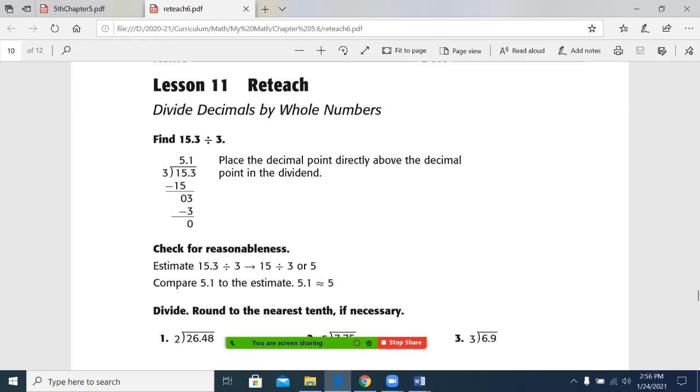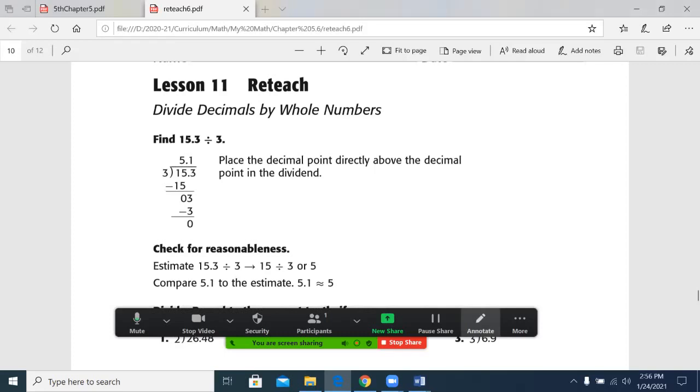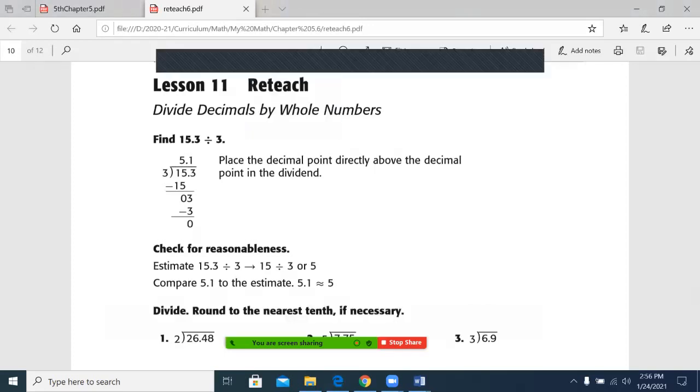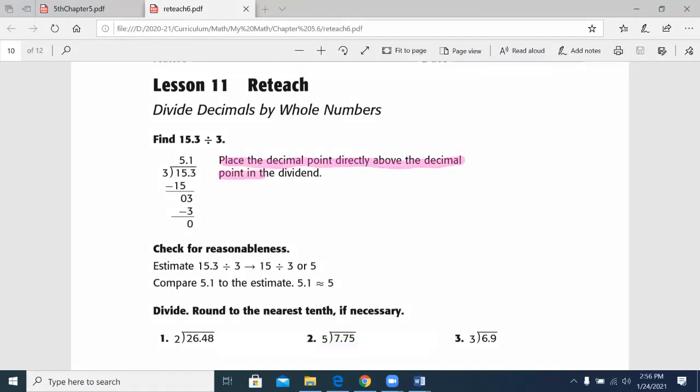So we have the example problem of find 15 and 3/10 divided by 3. And they have it written here. And the key detail, and I really feel the need to highlight this, place the decimal point directly above the decimal point in the dividend. So you see how it's right here and it's right there, right up and above it.